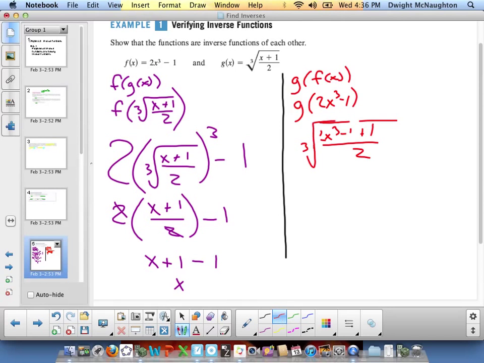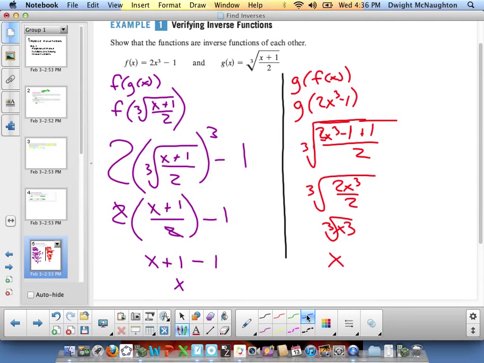So we got 2x cubed minus 1 plus 1. Well, minus 1 plus 1, those are opposites, so those will cancel. We got the cube root of 2x cubed over 2. Again, 2 over 2 reduces. We got the cube root of x cubed. So we got x. Since they both reduced down to x, they are inverses of each other.